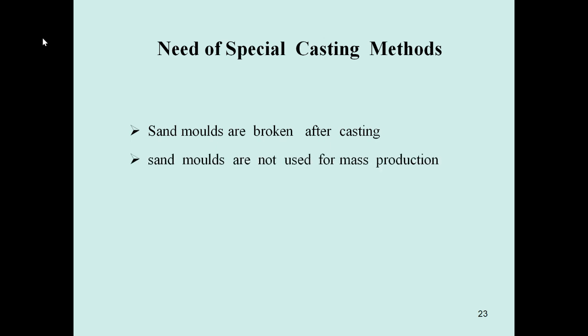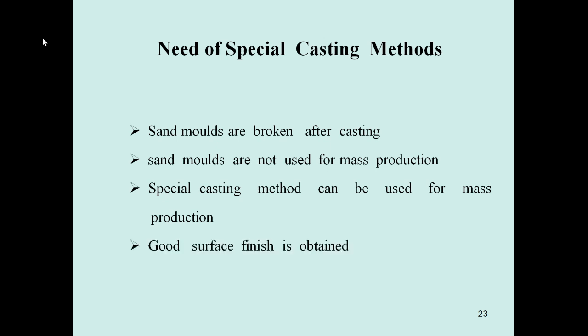Next, sand molds are not used for mass production. Third, special casting methods can be used for mass production and good surface finish is obtained. Next one is die casting.